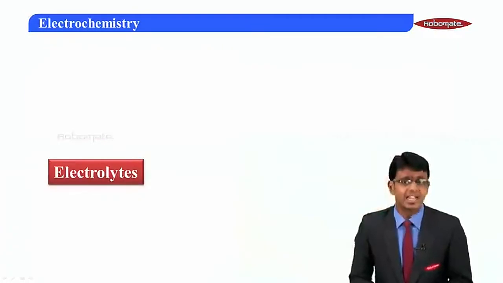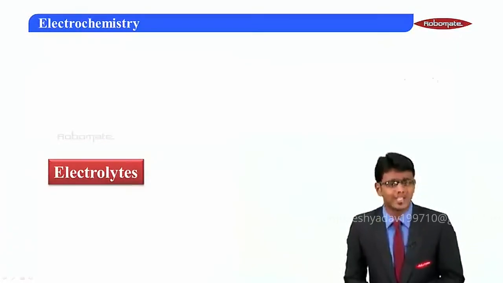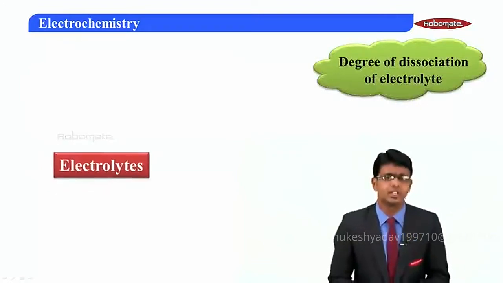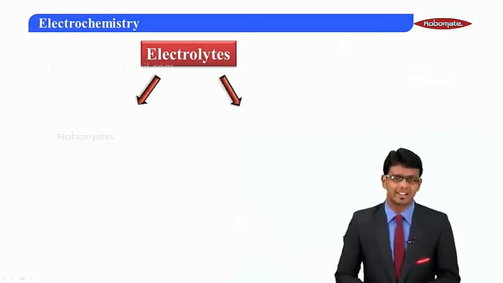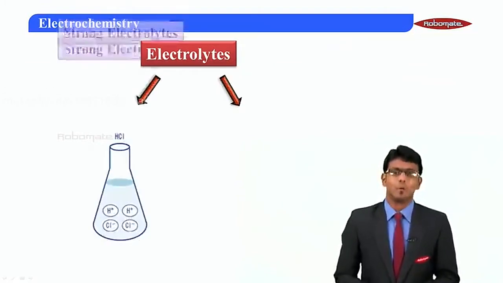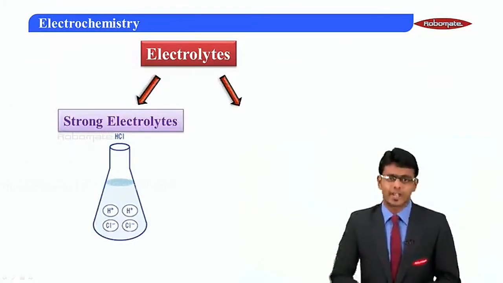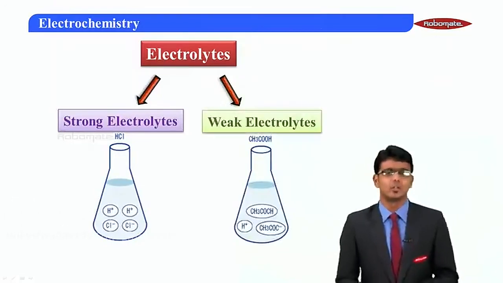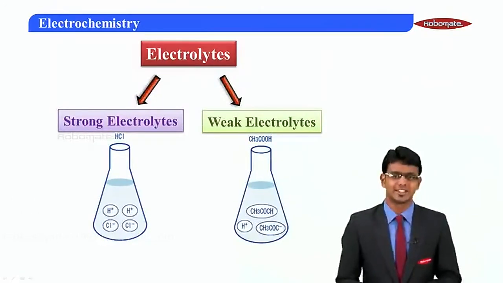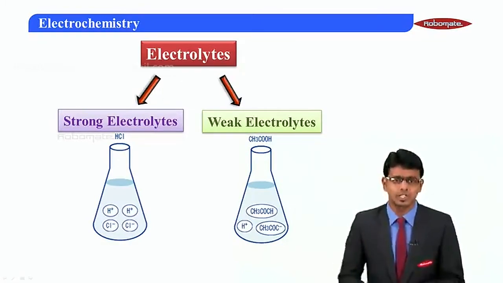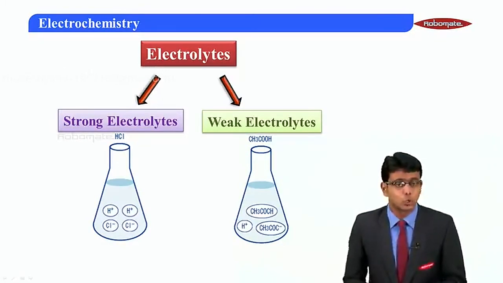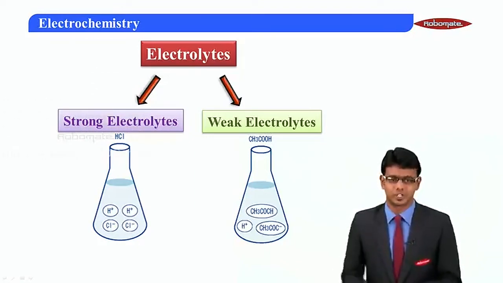Electrolytes, on the basis of degree of dissociation, are classified into two broader categories: strong electrolytes and weak electrolytes. Strong electrolytes completely or almost completely dissociate, whereas weak electrolytes do not undergo 100% dissociation.